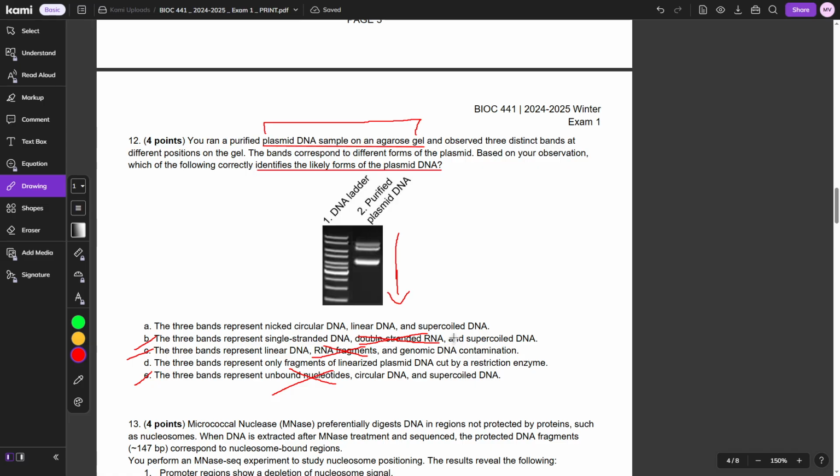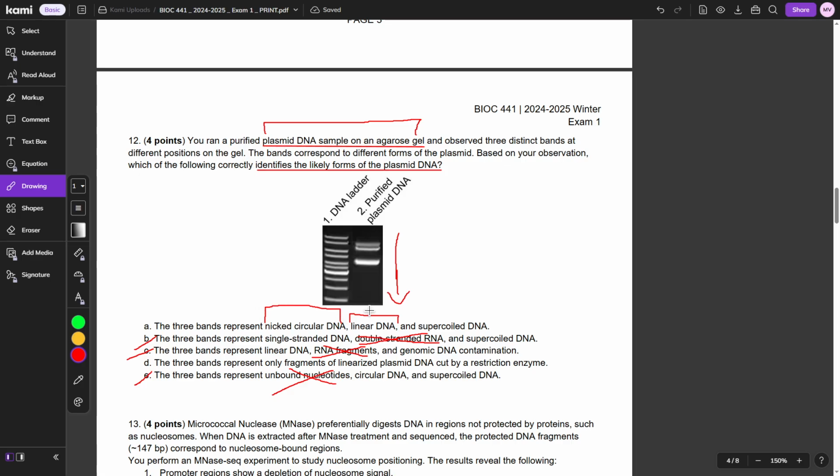Okay. I mean, this is probably better than D. I would probably say that's the best answer, but let me double check something real quick. Yeah. Okay, so I'd say A is the better answer here. I had to double check the linear DNA versus the nicked DNA.